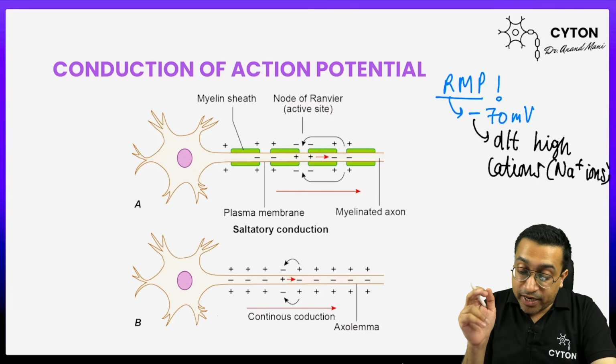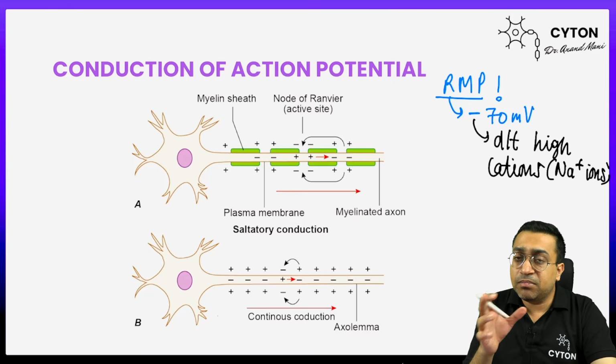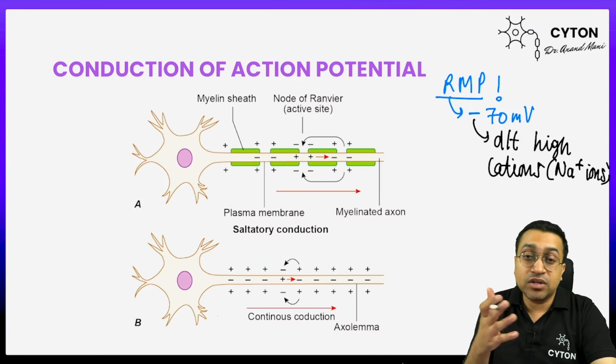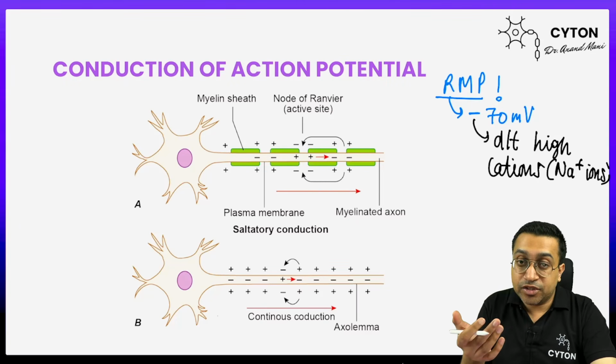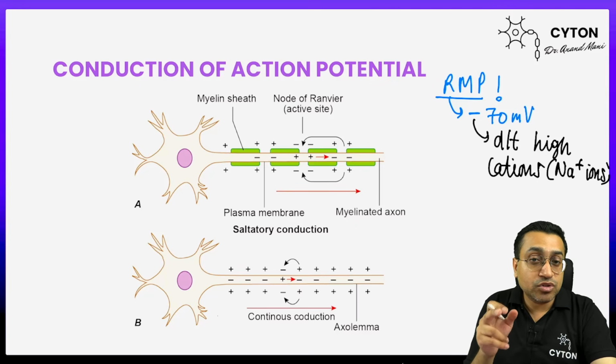Then talking about the action potential. Action potential is nothing but a sequential change in the membrane potential that develops on activation or stimulation of the nerve cell. There is a rise in the membrane potential which soon comes back to the resting membrane potential. This involves 2 phases.